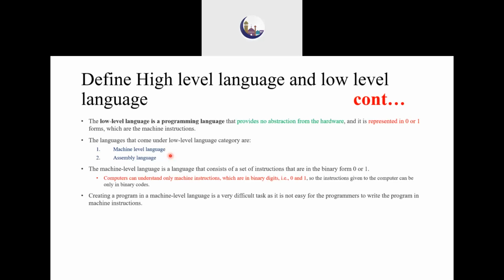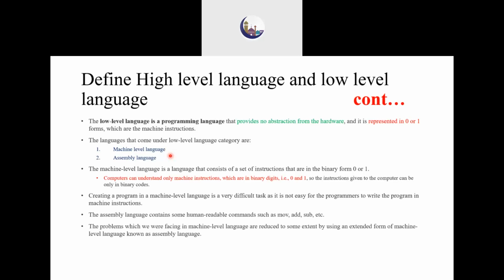But in the case of assembly level language, some words, for example add, subtract, multiply, move, are given a nickname, and this nickname is called a mnemonic. This mnemonic is understood by the software which is going to convert the assembly language into machine level language.